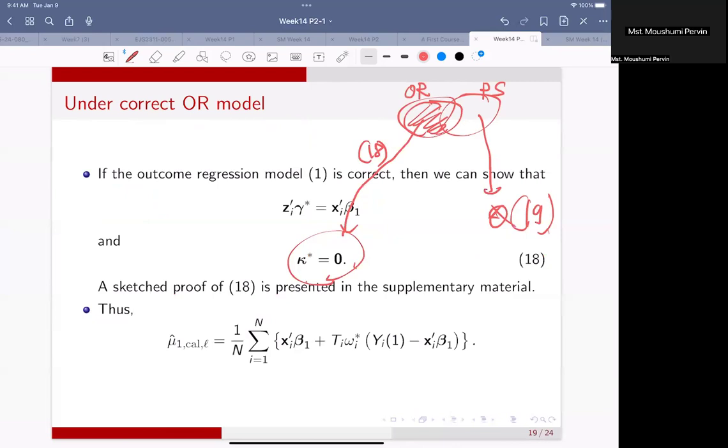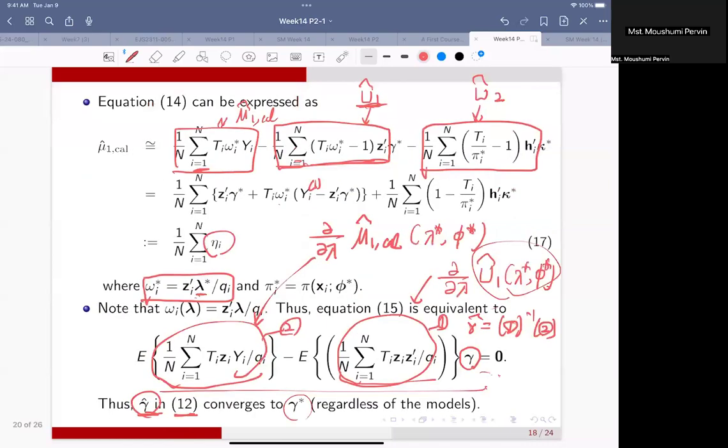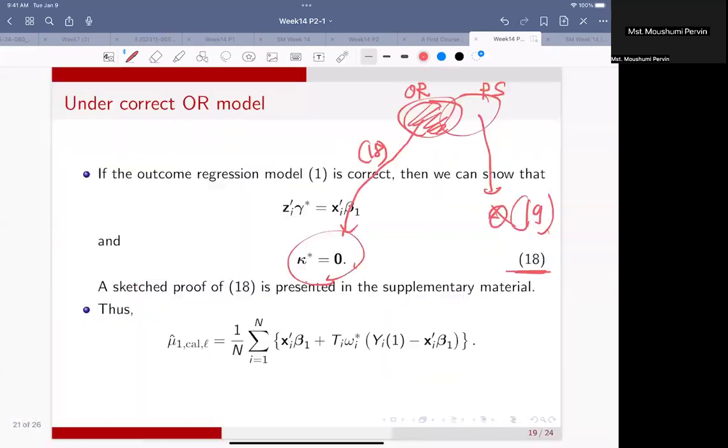So this one involves some theory, I mean some algebra, but suppose we accept this. That means this guy will converge to 0, right? And this guy will converge to xi prime beta 1. So you end up getting something like this.